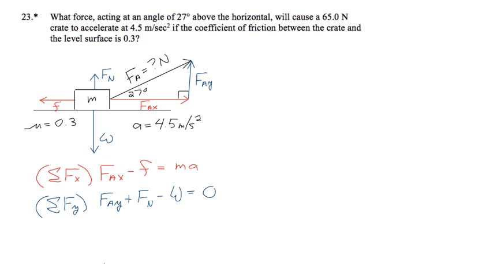Now, if you look at these two equations, here's the problem that we have. We do know mu, we do know A, we know the angle, but normally I would get F_AX by taking that number times the cosine of the angle, because that's the adjacent side.